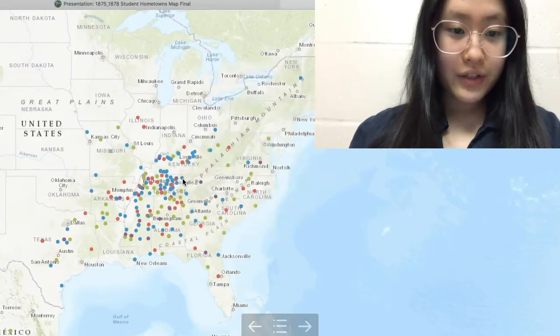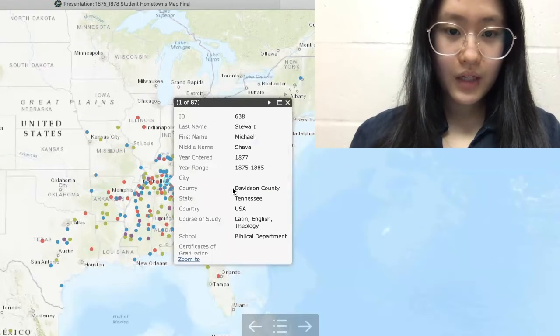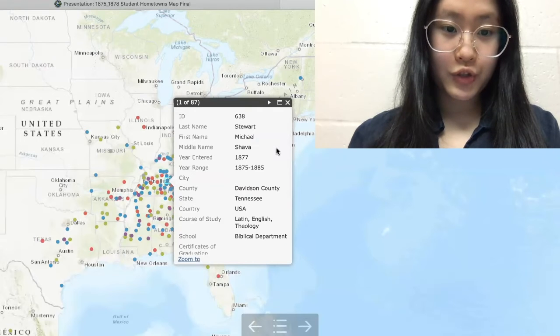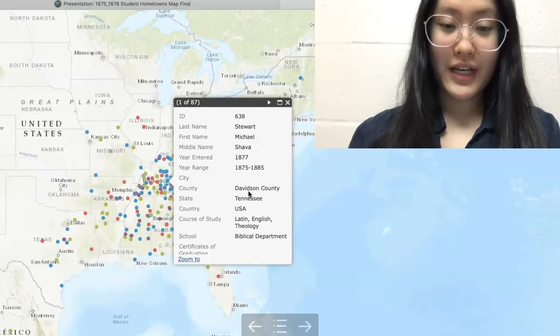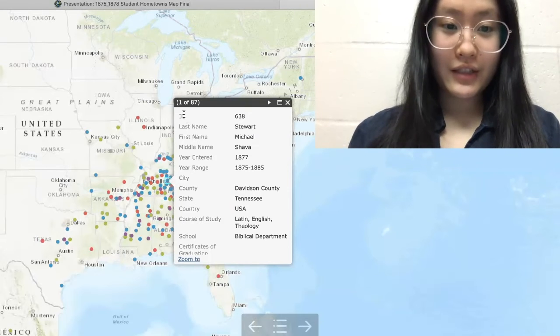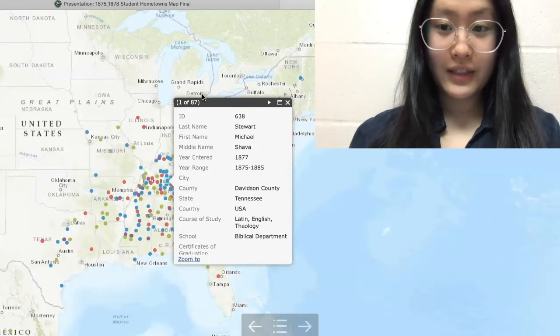And another thing I wanted to show you was, if you click right here, this person, Michael Shava Stewart, from Nashville, Tennessee, from Davidson County, Tennessee, which is also Nashville. So this dot is going to represent the Nashville area. And if you see right here, it says 1 out of 87, and that just means he was not the only person from Tennessee.